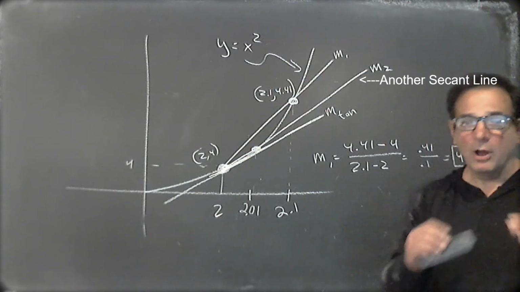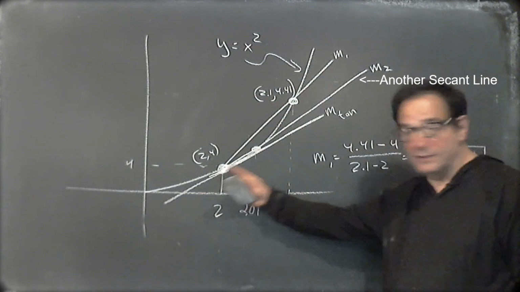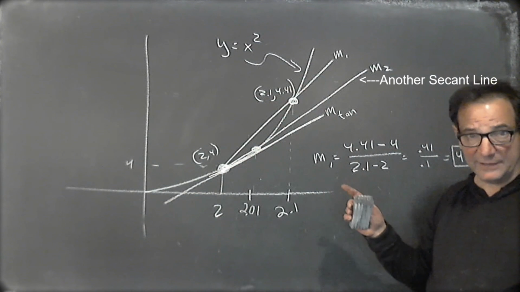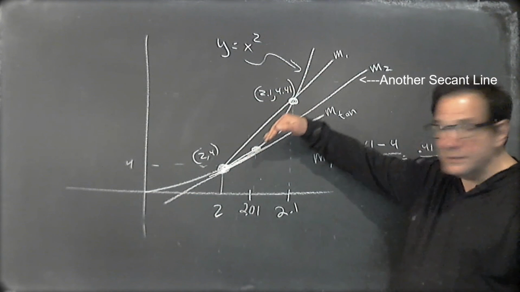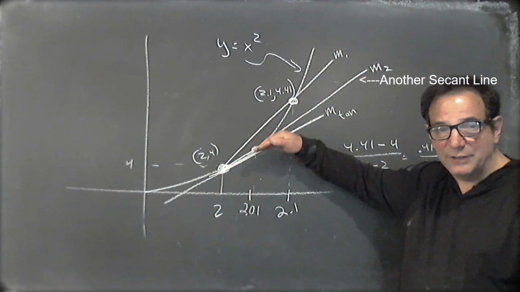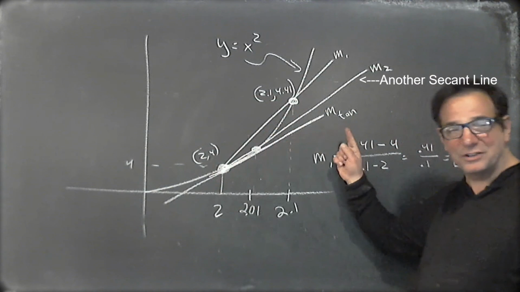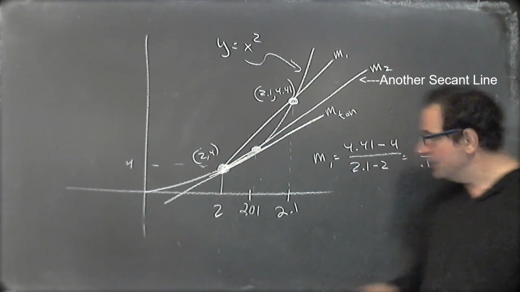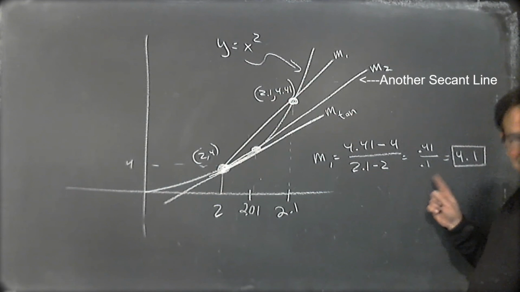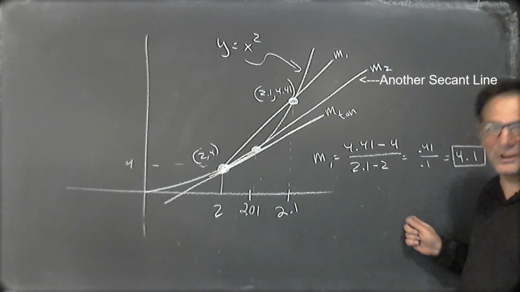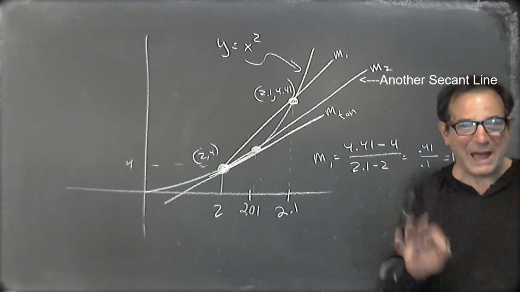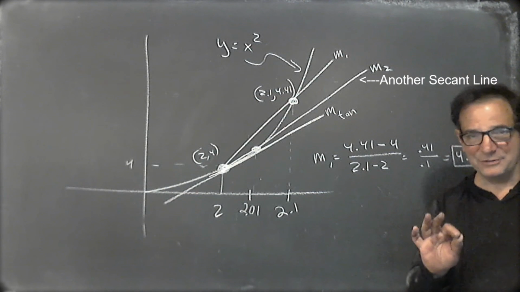That's an even better approximation of the slope of the tangent line. Get the idea? What we're going to do is find a sequence of lines that gets closer and closer and closer to the tangent line, which will induce a sequence of slopes that will get closer and closer and closer to the value of the slope of the tangent line.